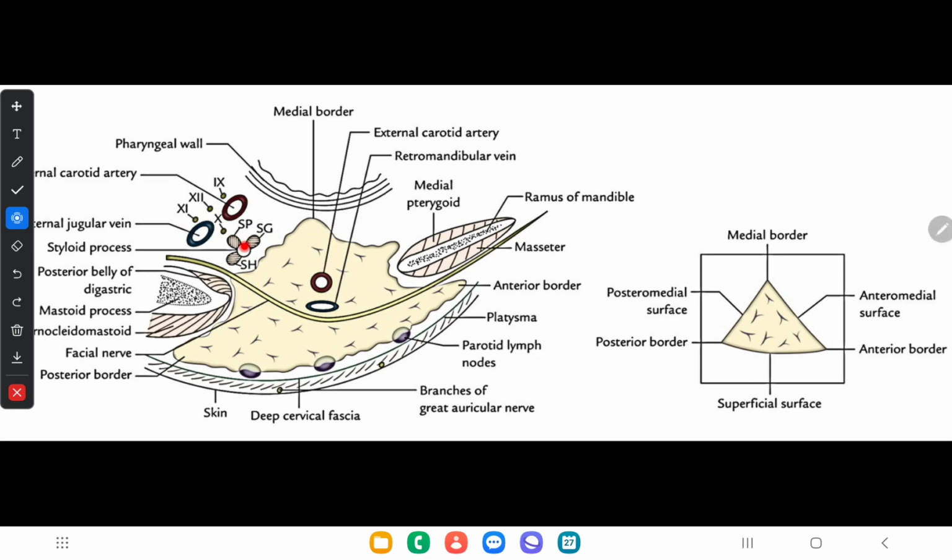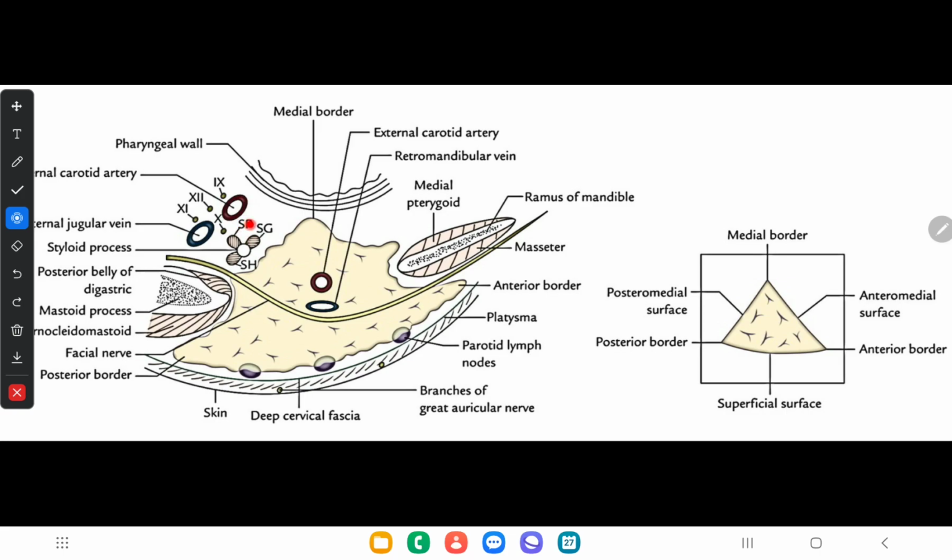This is the styloid process. You can see very clearly the three muscles attached to it are stylohyoid. This muscle is the stylohyoid. SH means stylohyoid. Then styloglossus. SG means styloglossus muscle. Then SP means stylopharyngeus muscle. Stylopharyngeus muscle here.